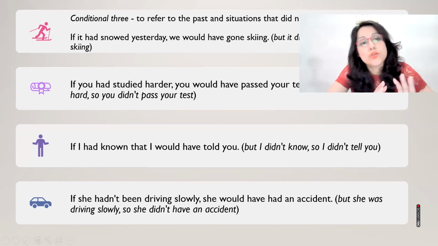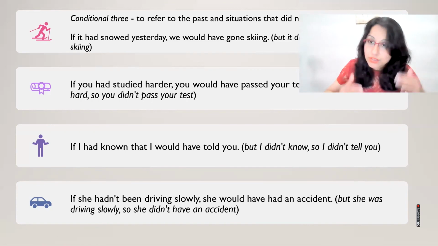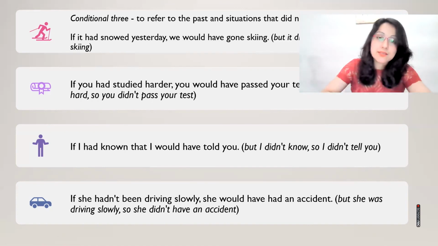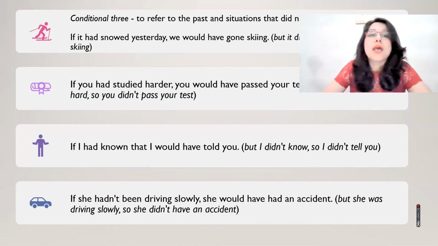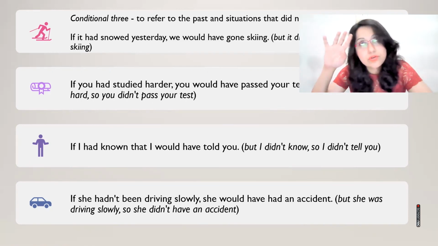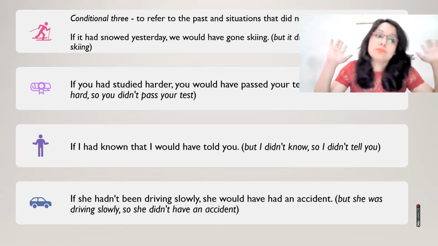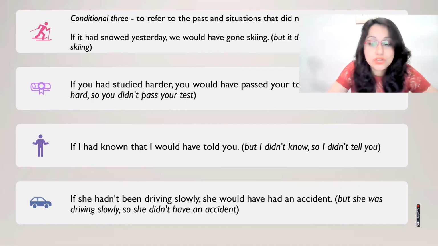Second conditional talks about unlikely things that could happen in the present or future. And third conditional talks about past regrets, things that happened in the past, and now you are imagining a different result. All right, so you want to change that.